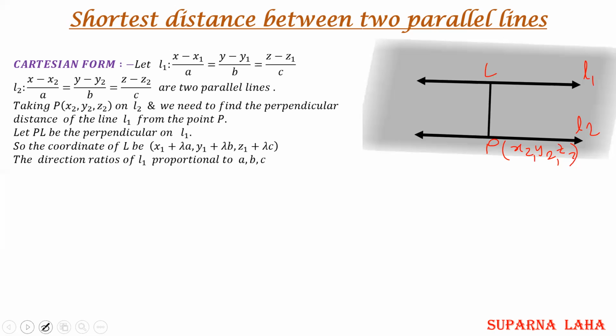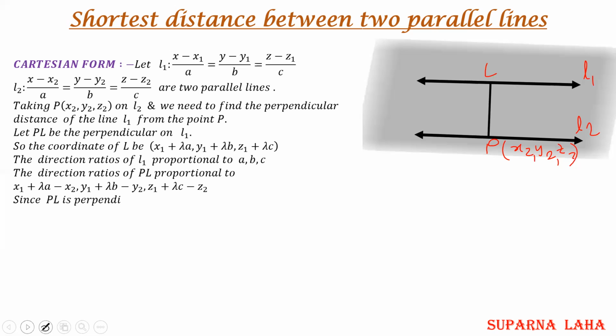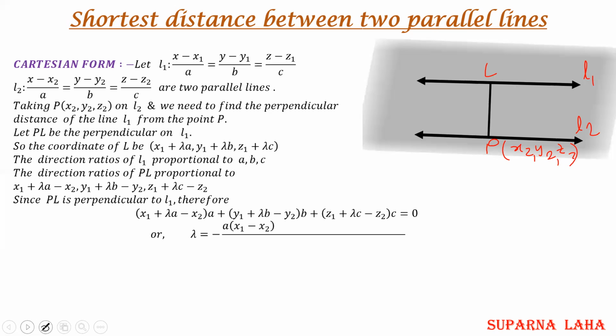The direction ratios of L1 are proportional to a, b, c, and the direction ratios of PL are proportional to x1 plus lambda a minus x2, y1 plus lambda b minus y2, z1 plus lambda c minus z2. Again, PL is perpendicular to the line L1, so you can use the direction ratio condition, and you can find the value of lambda.